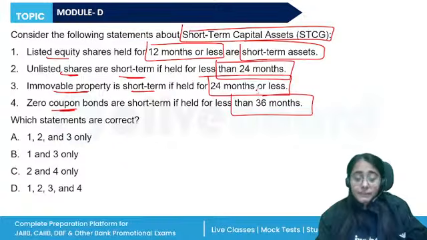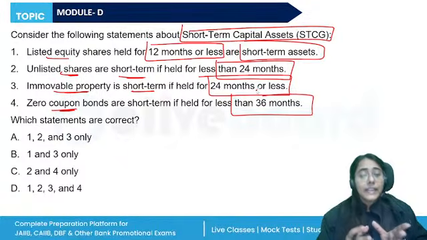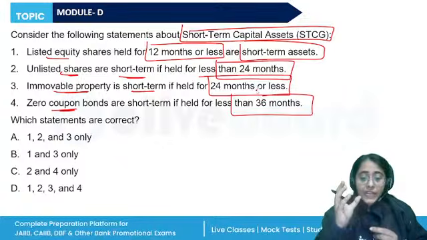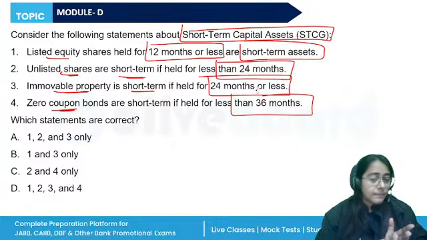So the difference between short term capital gain and the long term capital gain. Various assets are there. Immovable asset like land, building, house property. Movable like vehicles. There are also intangible like patents and trademarks, equity and shares, right? For immovable property, less than 24 months is considered to be the short term capital.